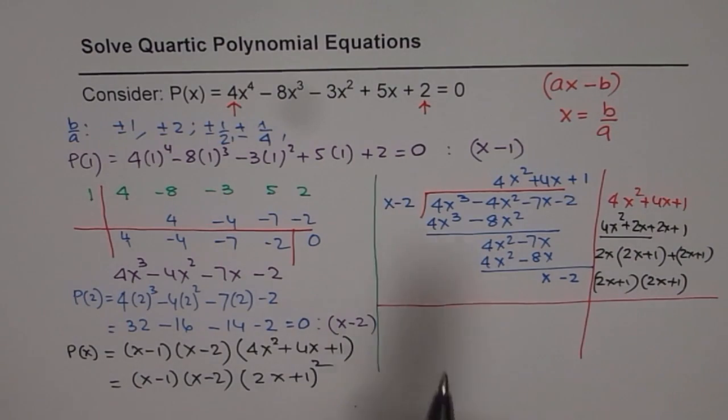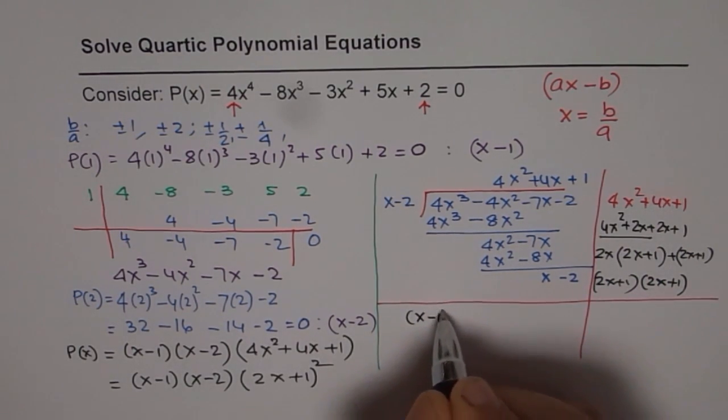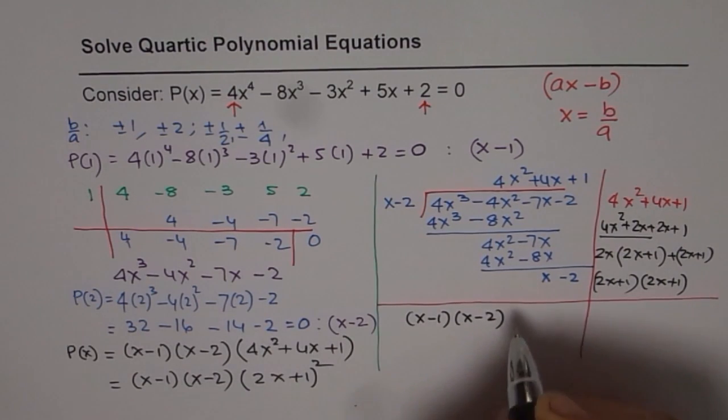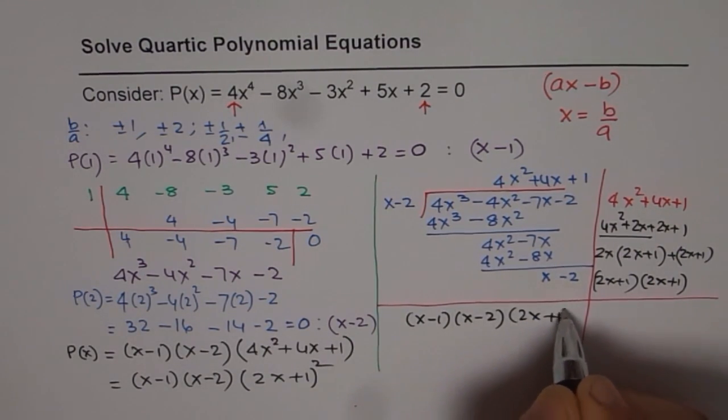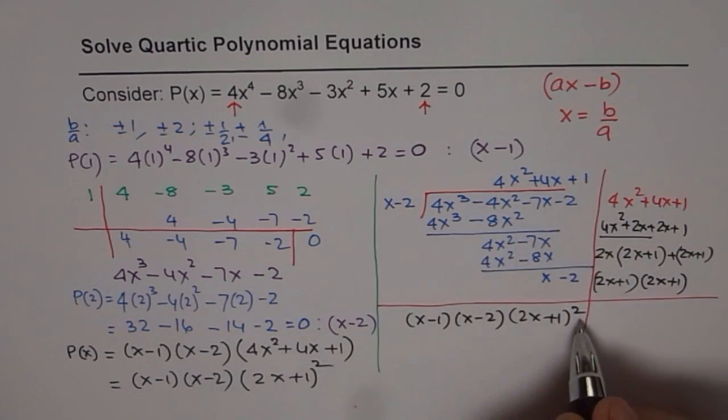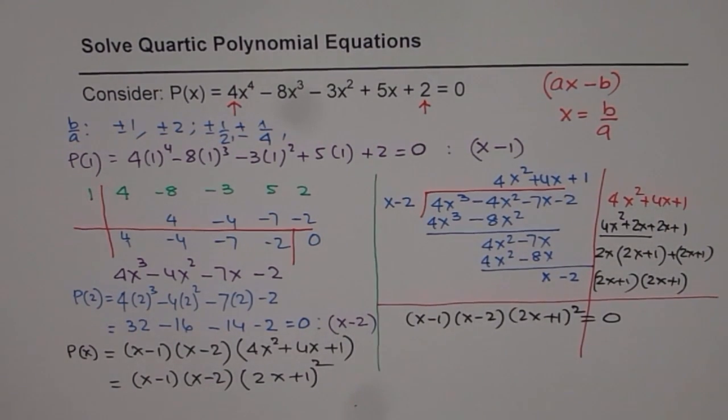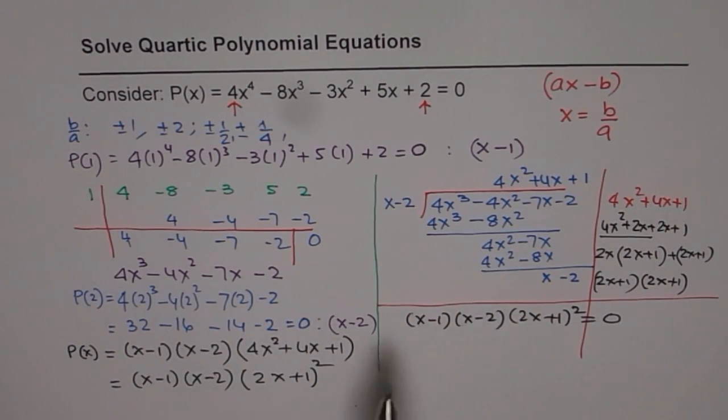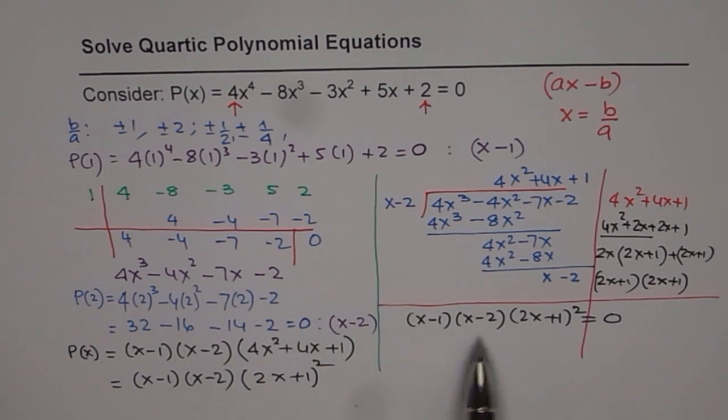What we really found is that this standard equation can be written in factored form, which is x minus 1 times x minus 2 times 2x plus 1 whole squared, and solving means equating it to 0. So now it's an easy part. If you are given a factored form, we don't have to do all this, but if not, we have to do all this to get to this stage.